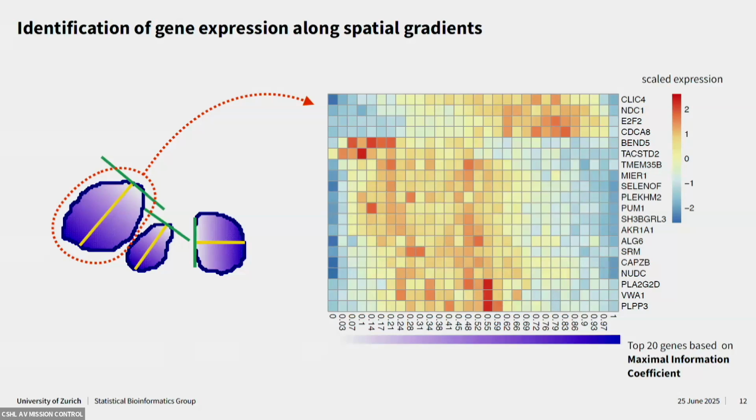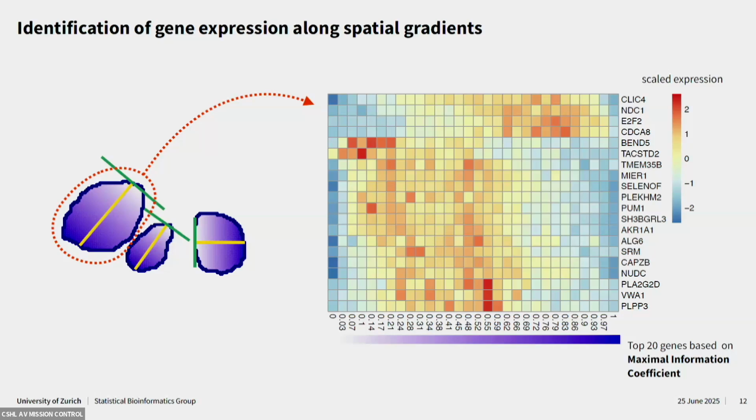So here I show it for one sample. What I did is I binned the gradient into different bins, and then I pseudo-bulked within these bins. That helps with the sparsity of the data. And then I used information entropy approaches to find gene expression that changes along this axis.